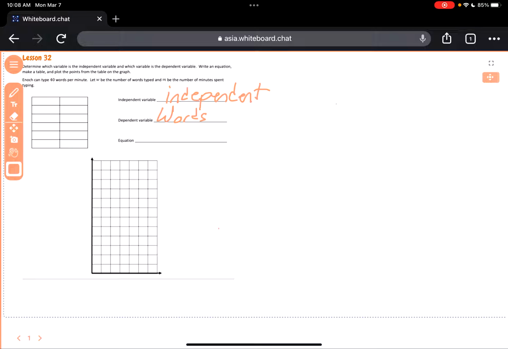So, independent values go down here. 1, 2, 3, 4, 5, 6, 7. And dependent go on the Y. Well, if this is our X, this is going to be our... Mr. Anderson's crazy. Why did I write independent? Minutes goes here.